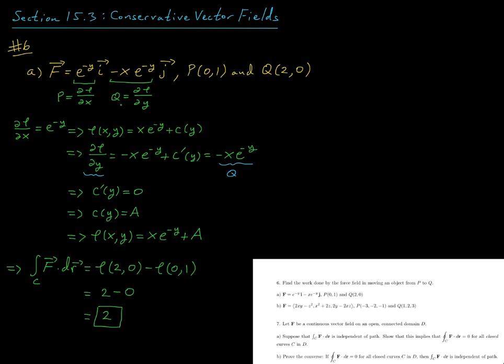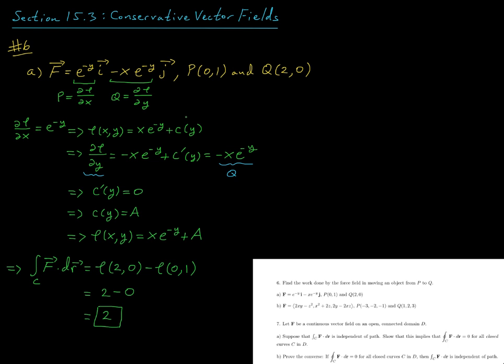Likewise here for Q. And so the fact that the x derivative of phi is equal to P, which is just e to the minus y, tells us, if I integrate with respect to x, that phi of x, y will be x e to the negative y plus some function I'll call c that depends only on y, right? So it's constant with respect to x.